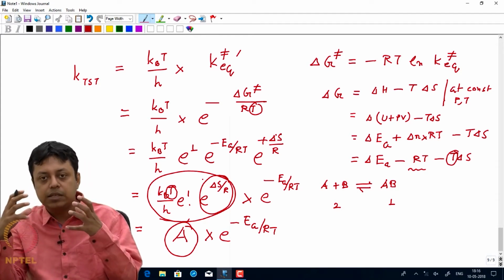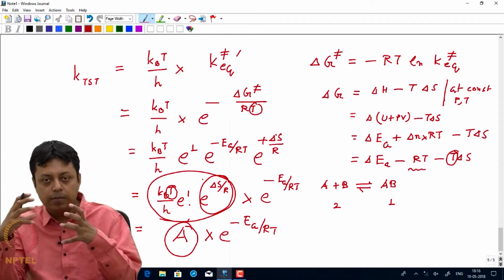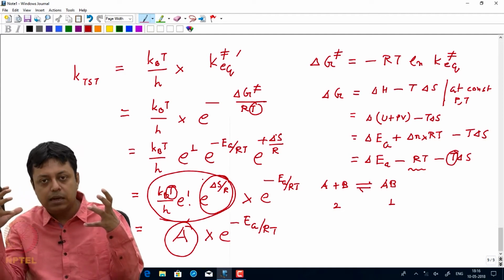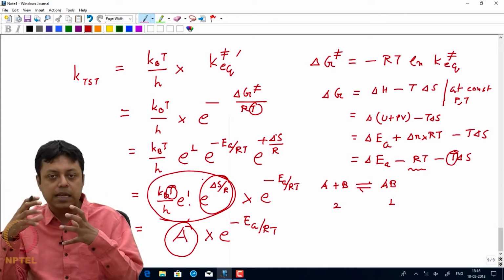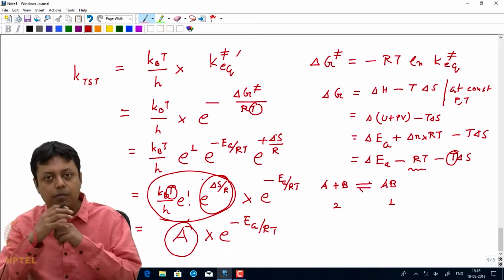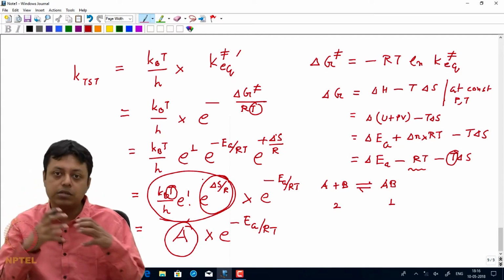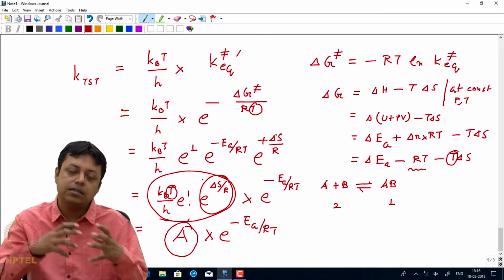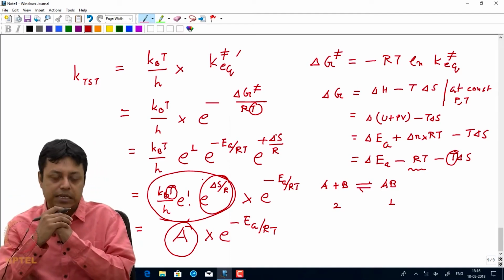So in some sense the transition state is more ordered, because as you see the change in entropy in this case is negative, which means the overall reaction probability will decrease once we go from the reactants to the transition state.